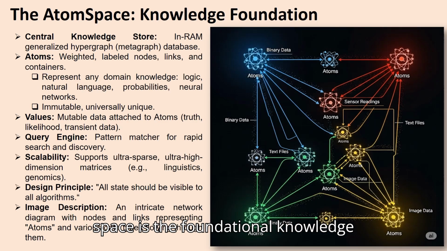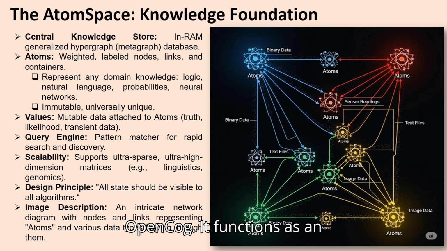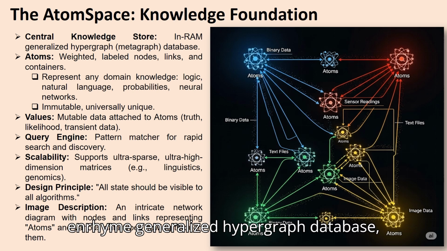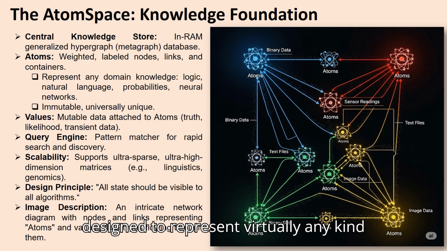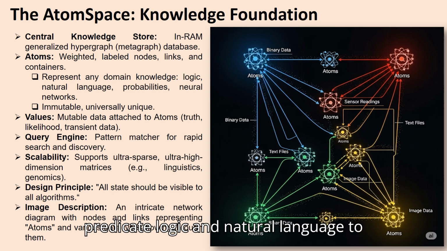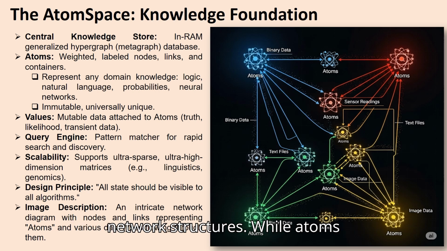The AtomSpace is the foundational knowledge representation component of Novamente and OpenCog. It functions as an in-memory generalized hypergraph database, storing knowledge as atoms: weighted, labeled nodes, links, and containers. These atoms are designed to represent virtually any kind of domain knowledge, from classical predicate logic and natural language to Bayesian probability networks and neural network structures.